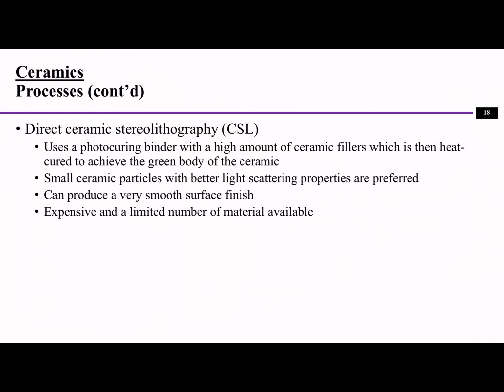It's the same with ceramics. Usually we use smaller ceramic particles with better light scattering properties, which can show better quality, and it can also produce a very smooth surface finish.